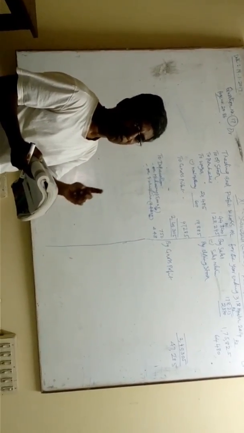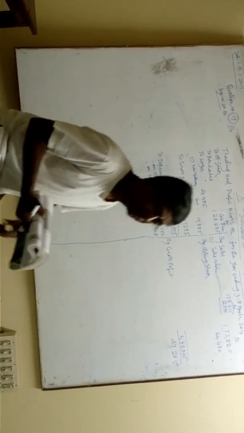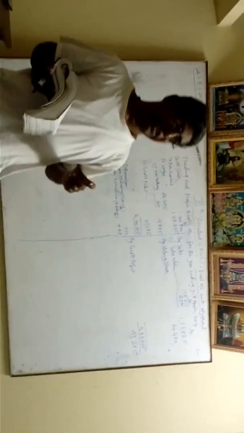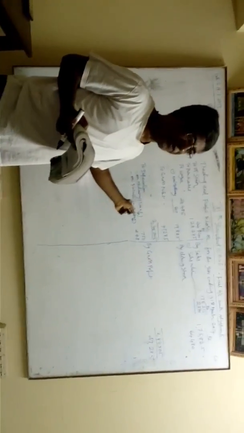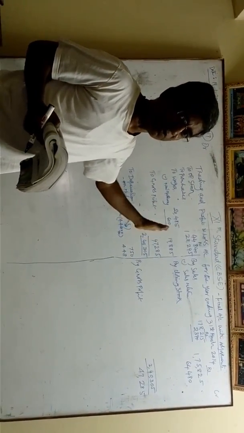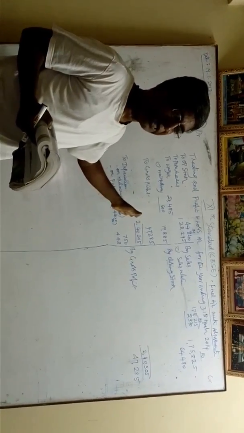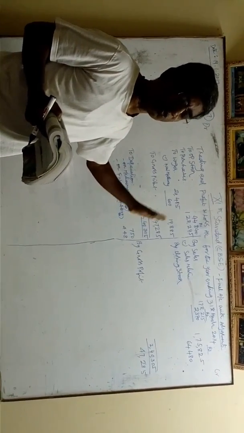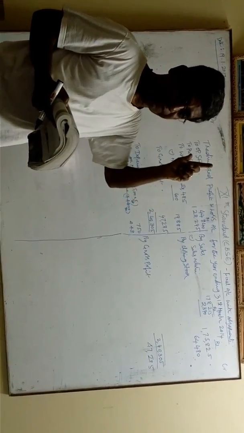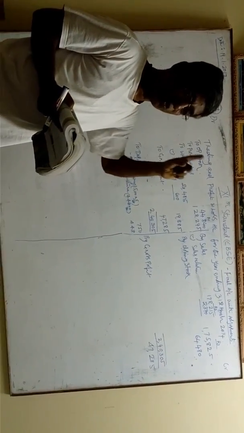So while considering the profit and loss account, you should take only the revenue expenses. In the trading and profit and loss account, only revenue items alone you should consider. Capital items spent on machinery should not be treated as expense because it is related to machinery. That's why we should go to machinery.